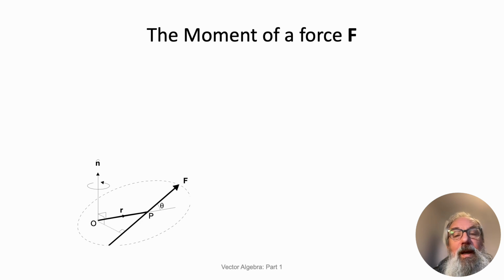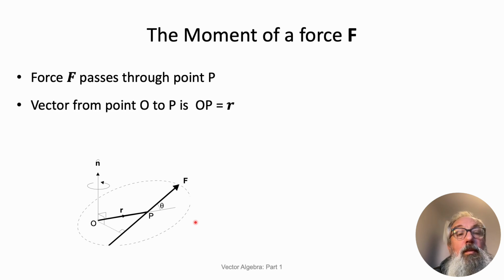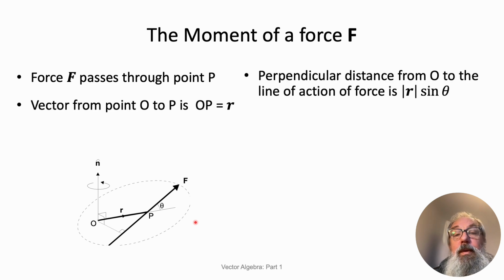force. If F is a force vector and R is a position vector of a point which F acts through, so here P, position vector of O, then we can work out the moment due to the force about the point O. F passes through point P, vector OP is R. Perpendicular distance from O to R is R sine theta.